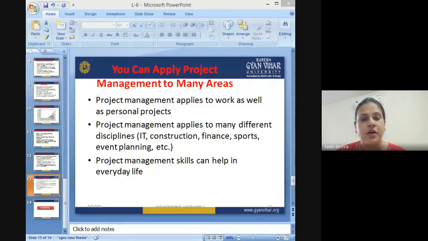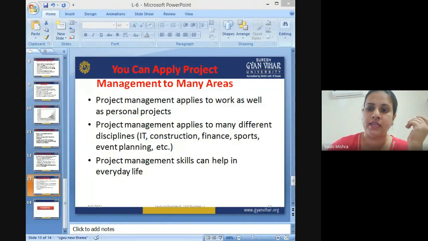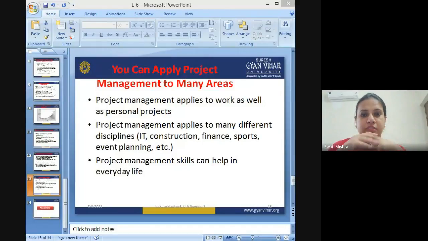Similarly, in case of construction business, there are some organizations which are constantly doing major constructions, and in that case, project management is highly important.